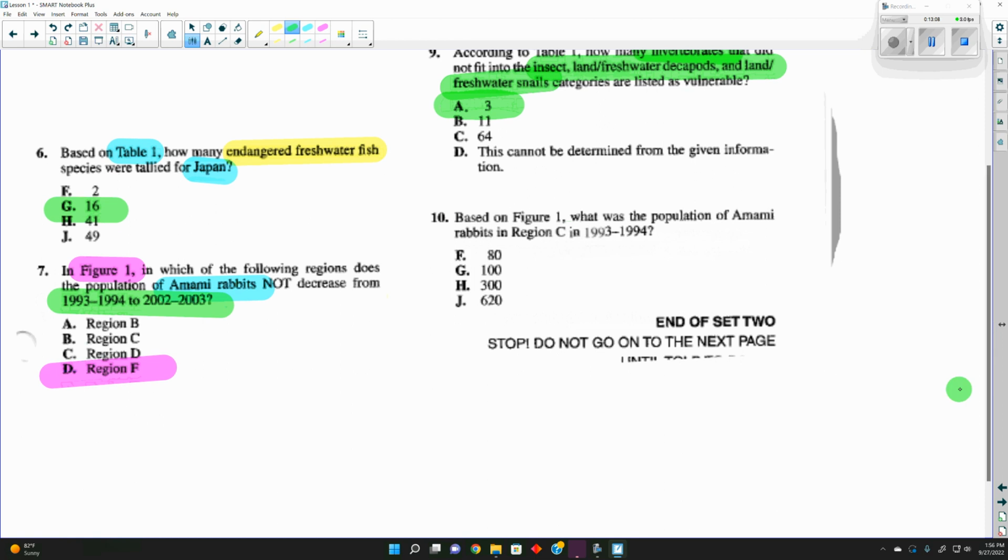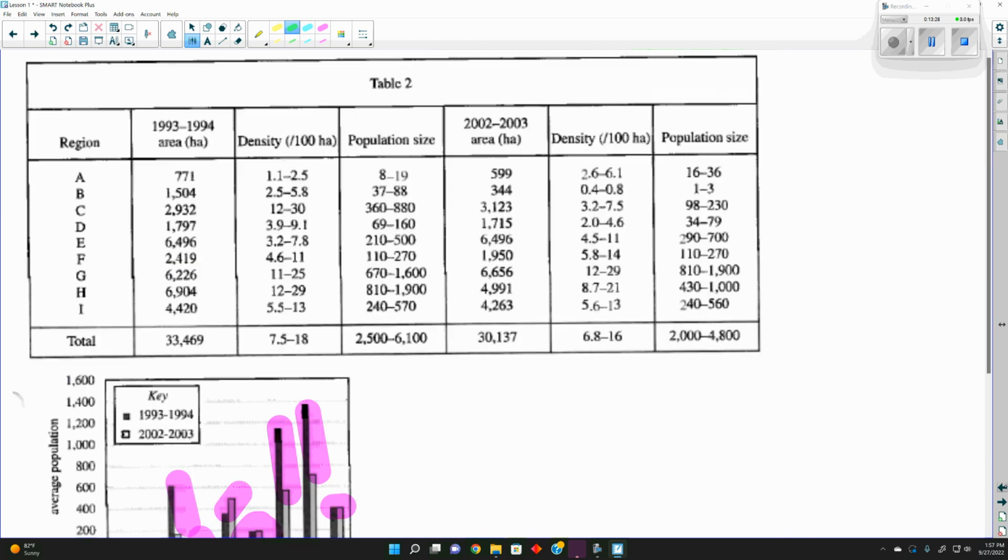Question number 10, the last one. So figure 1 is going to be one of our important pieces of information. The Amami rabbits and C. So based on figure 1, what was the population of Amami rabbits in region C in 1993 to 94?